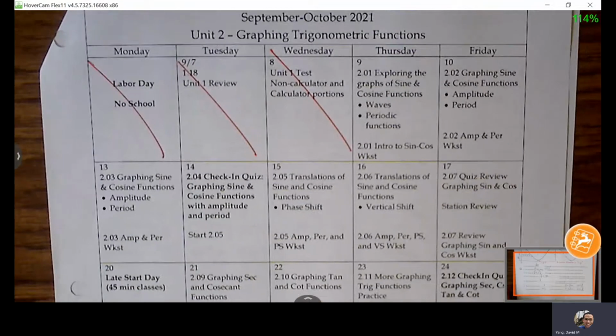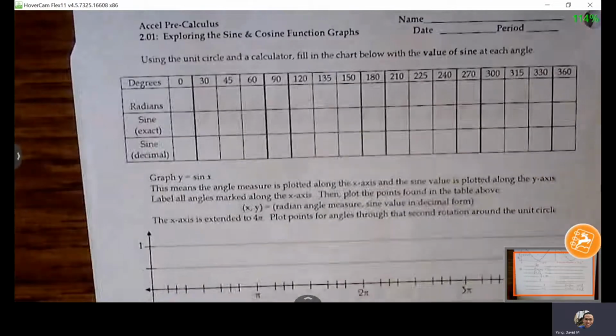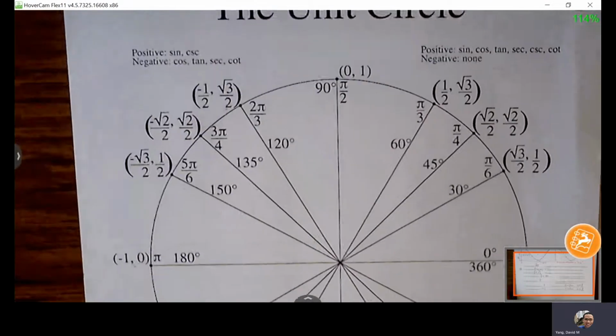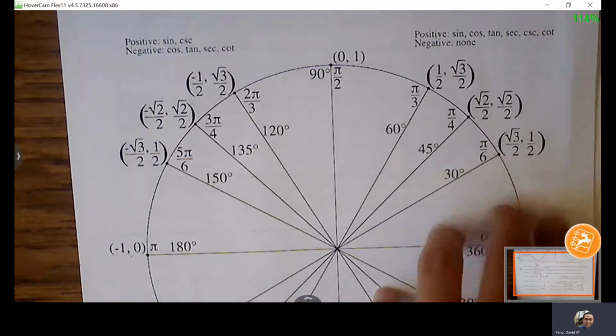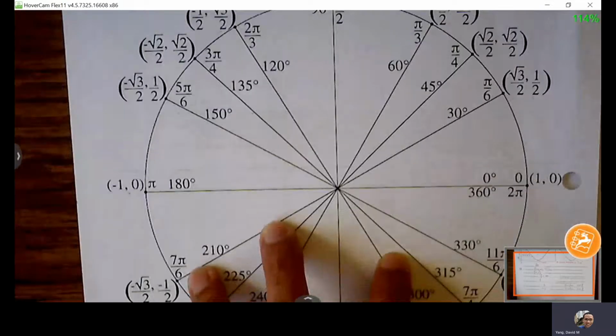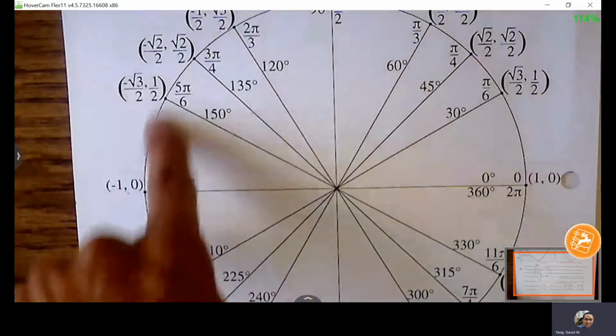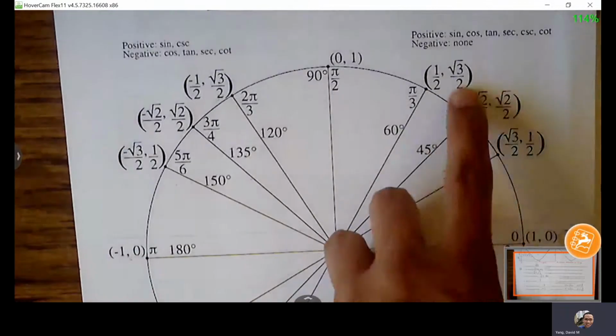So if you can have your unit circle sheet out. Now what we're going to do is explore sine values on the graph. We're going to be treating our radian measure as our x values on a coordinate plane, and we're going to start off with the y values.